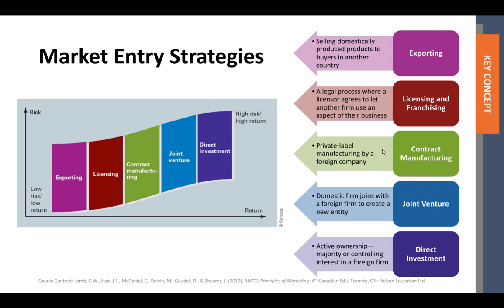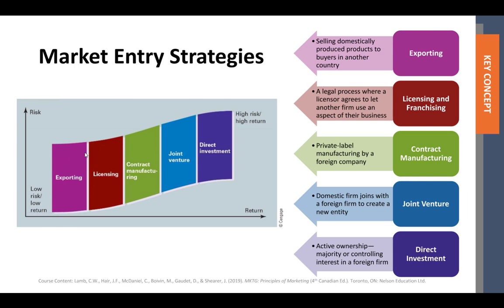So direct investment is the highest risk, but it also allows you to get the most control and gives you the highest profit. So as you're learning about exporting, licensing, franchising, and all these different market entry strategies, you really want to pay attention to this grid here. And the reason we put it in this order is because we're looking at the possible return versus the risk. If we export, we're talking about really, really low risk, but potentially low return.